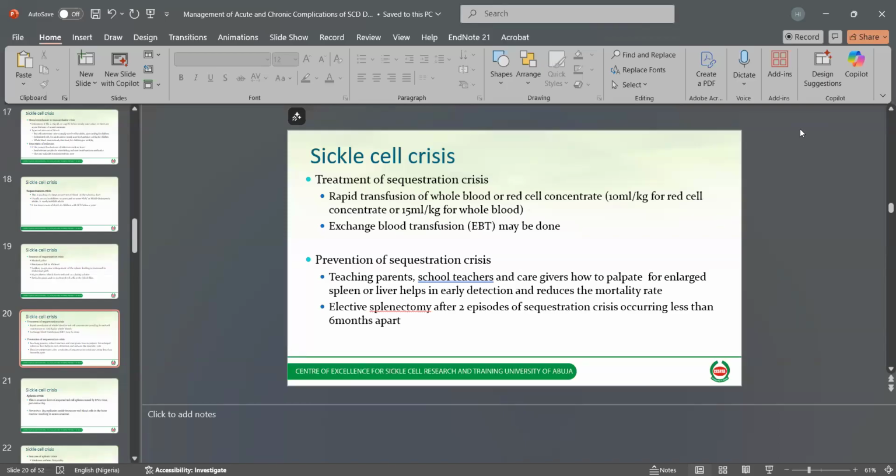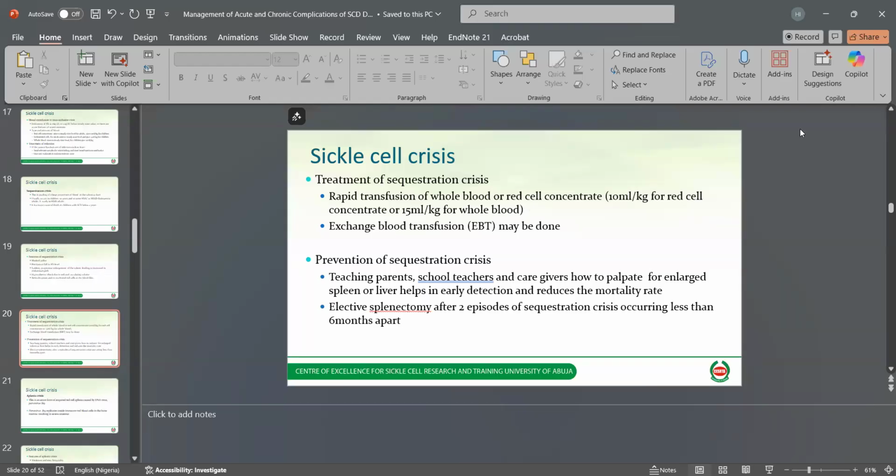You quickly do the transfusion, but it should be cautious, especially in terms of the volume of blood you transfuse. Because in sequestration crisis, the blood is still there in the system. It's just that it is trapped or sequestered in the spleen. With time, if the triggering factor is removed, that blood will be released back to the system.